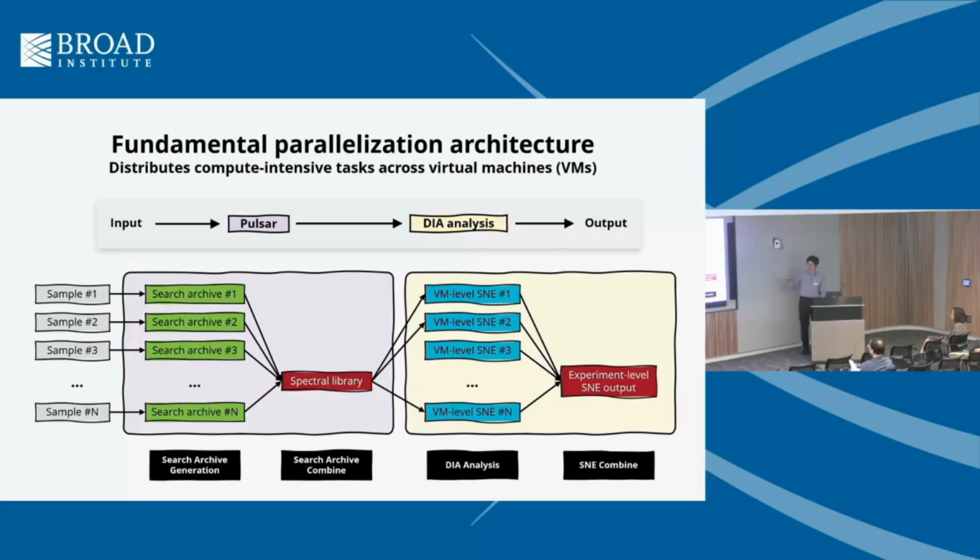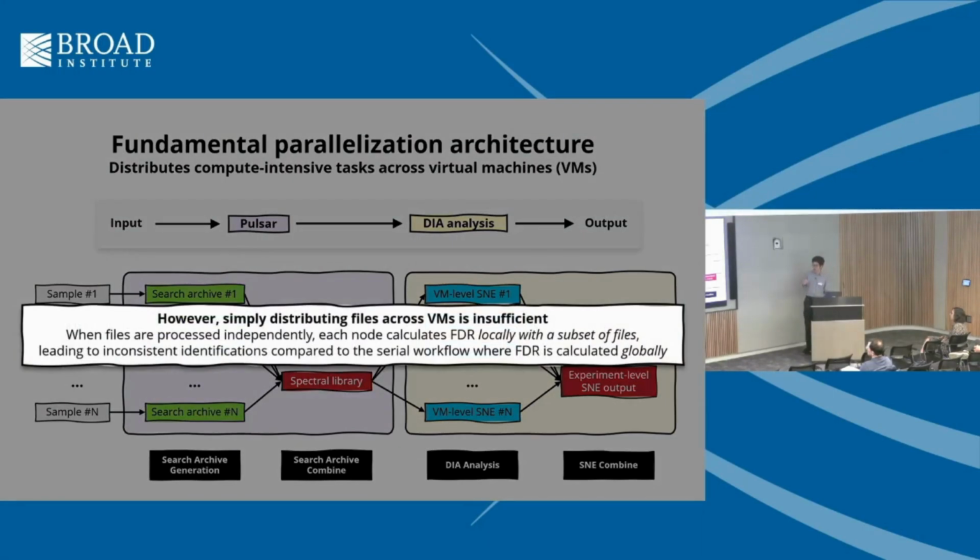So if you happen to have one sample that's of poor quality compared to the others, that search archive will have a different FDR model. So when you put them together, the identification will eventually be inconsistent because you're using a different FDR model than in the conventional directDIA, where the FDR is calculated globally.